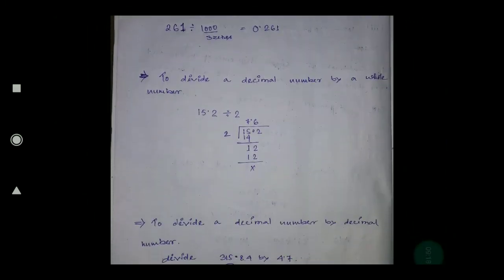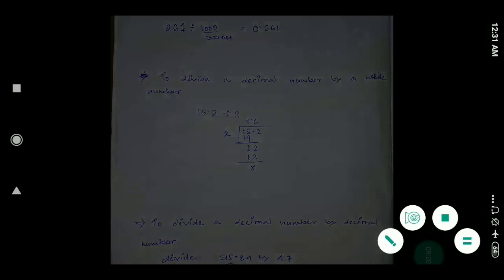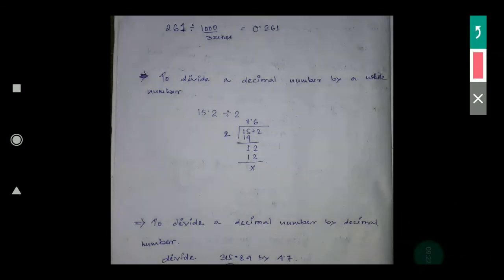Now to divide a decimal number by a whole number, suppose a decimal number 16.2 is given. You have to divide it by 2. So how will you divide this?